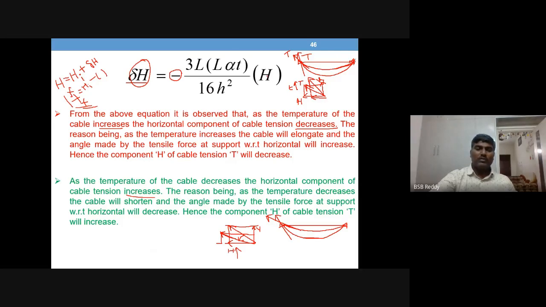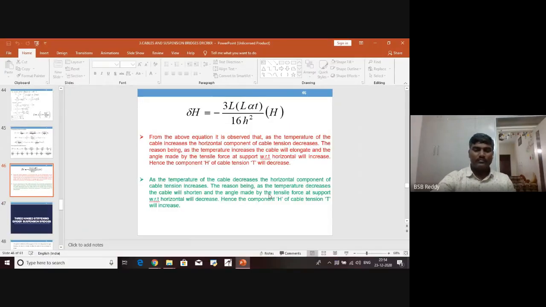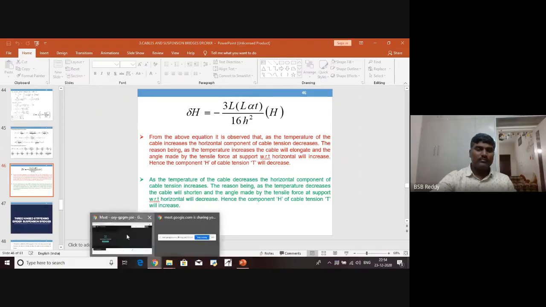Once you know the H value from the loads given, you apply the temperature change: 3L alpha T by 16H square into H. So this is how you can find the delta H value. Okay, thank you.